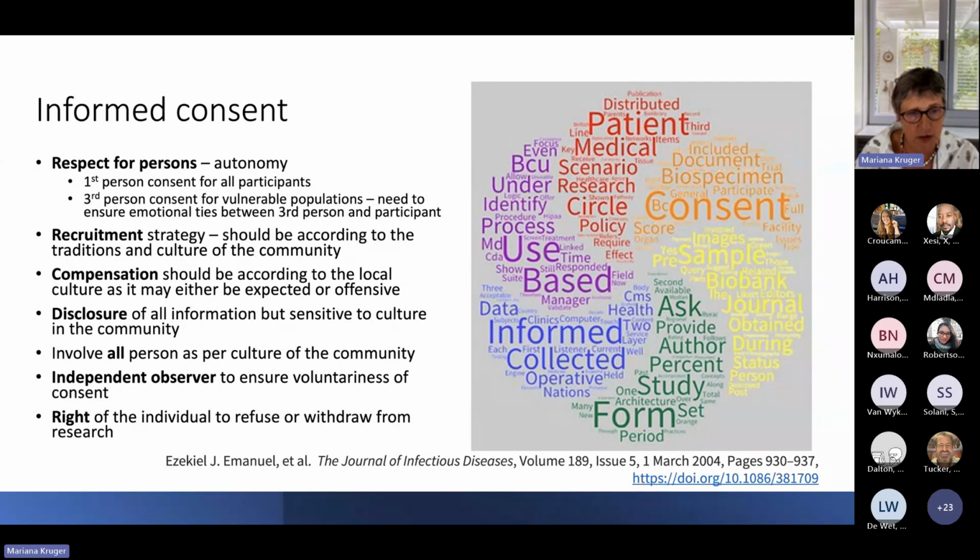So there are varying issues, and it should be sensitive to culture, but we should make sure that there's understanding in layman's terminology. When we plan this, we should perhaps look at the culture of the community, sit with the community boards, and make sure that we understand what is acceptable to them and what's not acceptable, so that you do have sensitivity in your informed consent process.